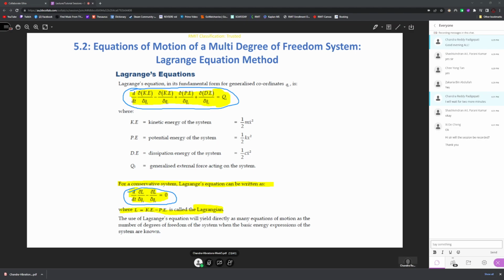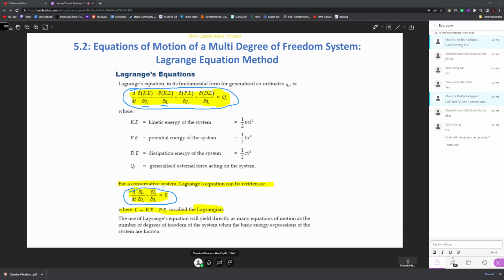Since it involves a variable, you have the variables here, Qi, then Qi dot. If you are dealing with Xi, then you need to take Xi dot. If you are taking theta i, then theta i dot, depending on the number of degrees of freedom.